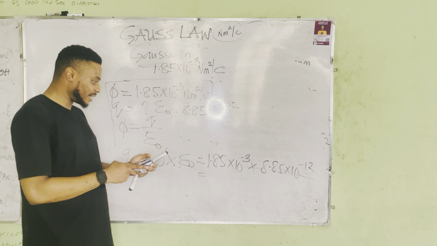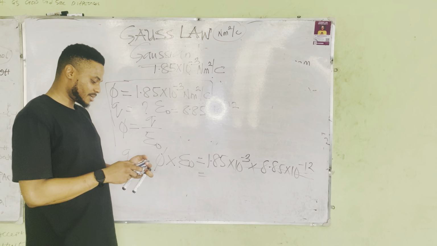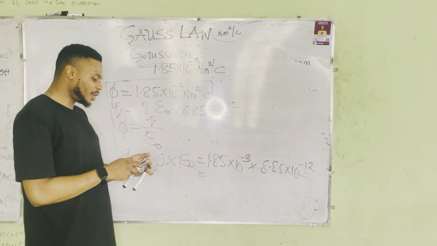What would this give us? 1.637 times 10 raised to power minus 14, right? Is that what you're getting? So 1.637 times 10 raised to power minus 14 coulombs. That is our final answer. So this is the net charge Q.